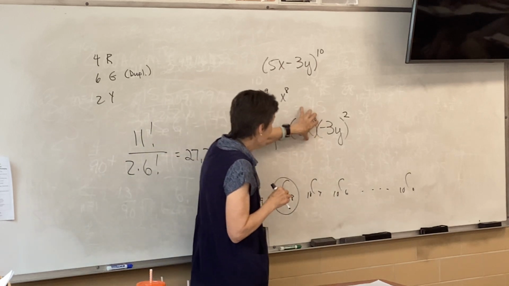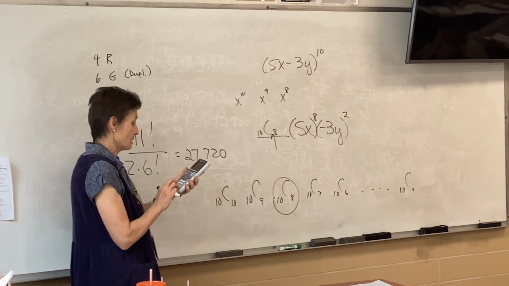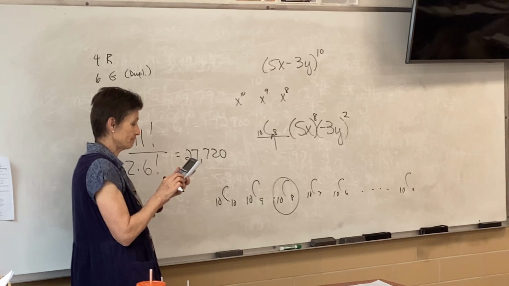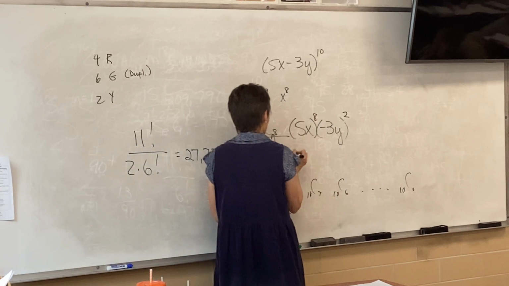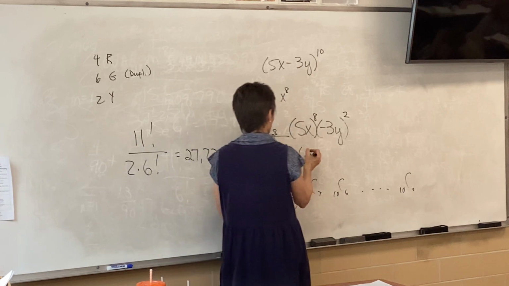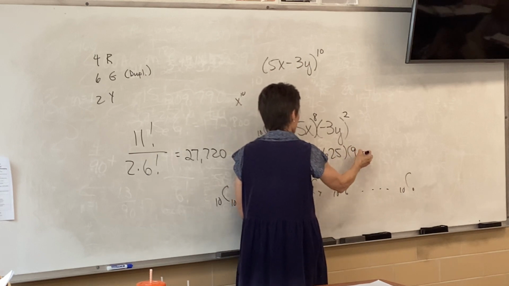So now I've figured out my coefficient, either with the triangle, and you'll have an actual number there. And then I figured out my exponents, and now I'm ready to simplify. So it's gonna be big. I have 45 times 390,625 times 9.